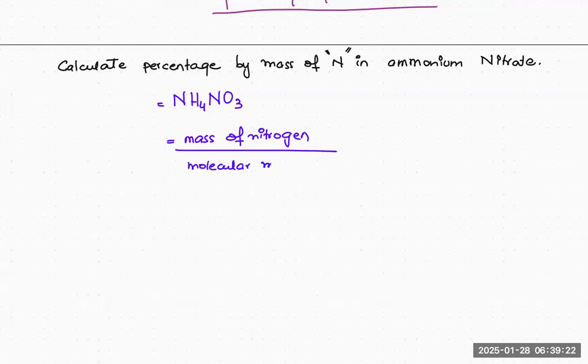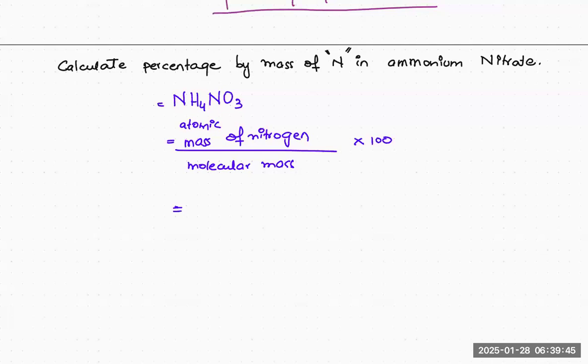Actually, let me correct it. When I say mass of nitrogen, I mean atomic mass, not like in mole calculations, where we usually have proper values. Over here, we're using atomic mass from the periodic table. So if you open the periodic table, you will see that the mass of nitrogen is 14.